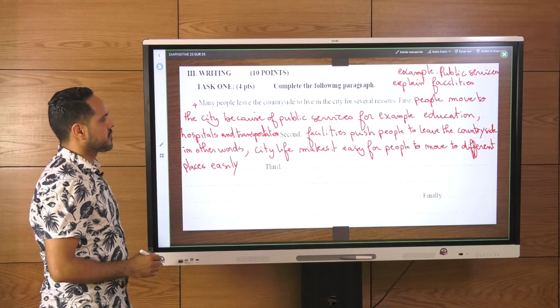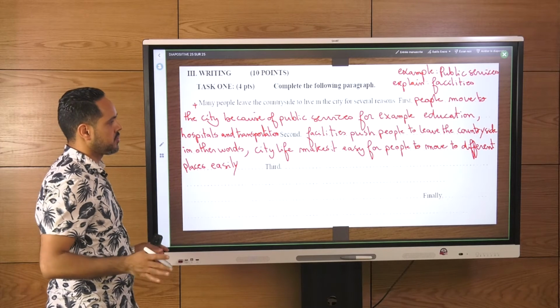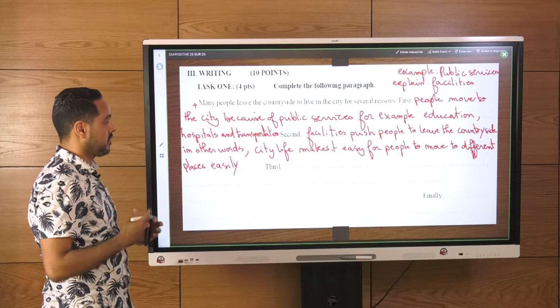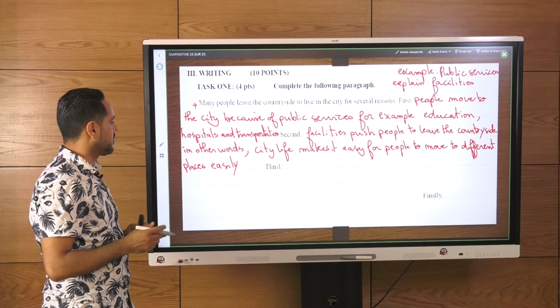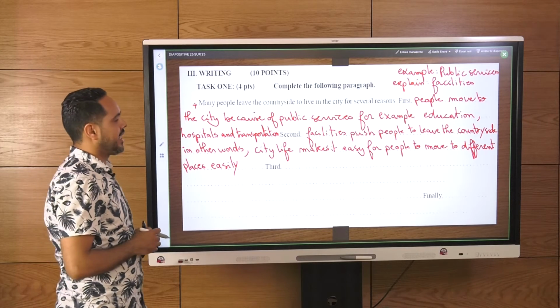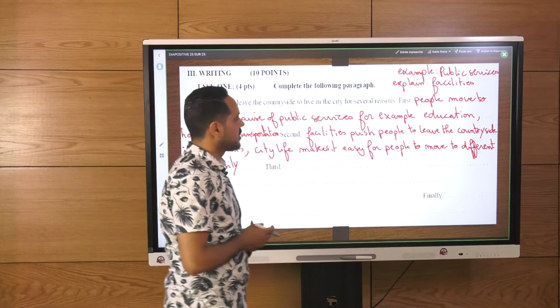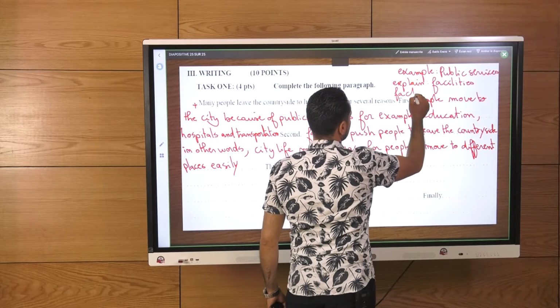So this is a way to explain our opinion. Second, facilities push people to leave the countryside. In other words, city life makes it easy for people to move to different places easily. That's right. Now, the third way we can support our argument is by facts, using facts.